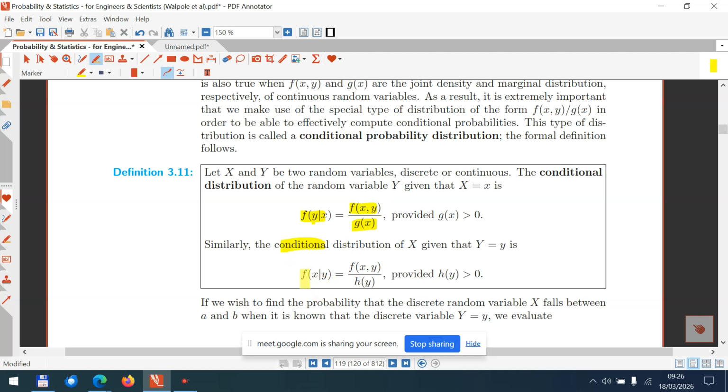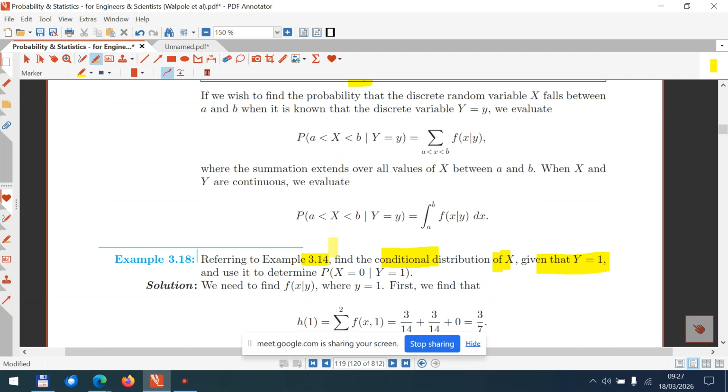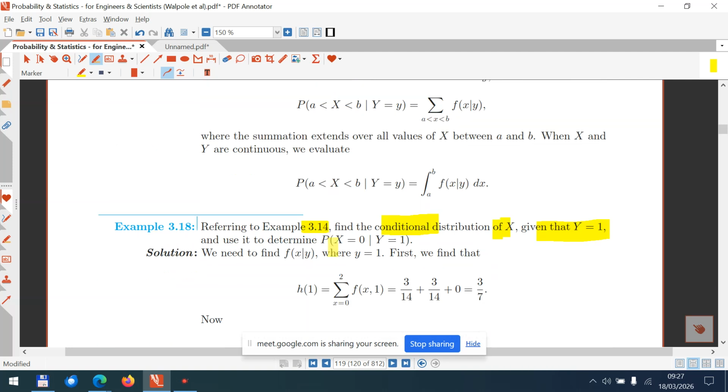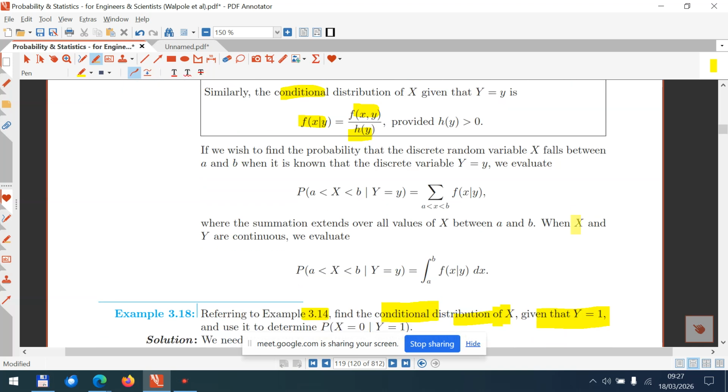For the conditional distribution of x given y, here we will have the marginal distribution of y in the denominator and the joint distribution in the numerator. So here we are looking for the distribution of x given y. Which of these formulas is relevant for us? Remember, we are looking for the distribution of x given y. So we are looking for this formula. Yeah, x given y.